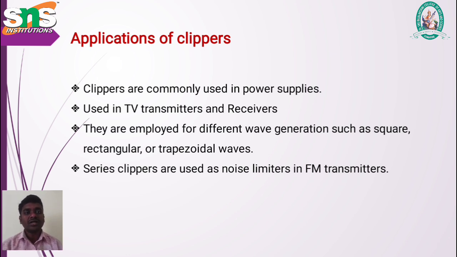Dual clippers are used when we need a particular portion of the signal and the rest cut off. Mainly, clippers are used as noise limiters in FM transmitters. Thank you for watching this video.